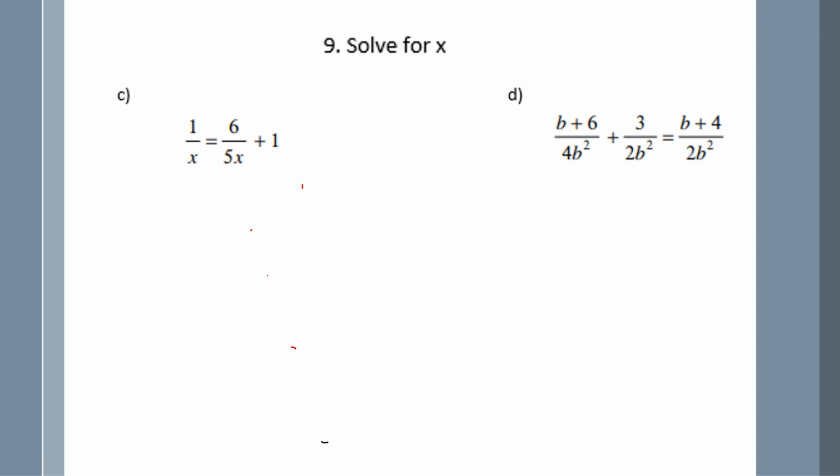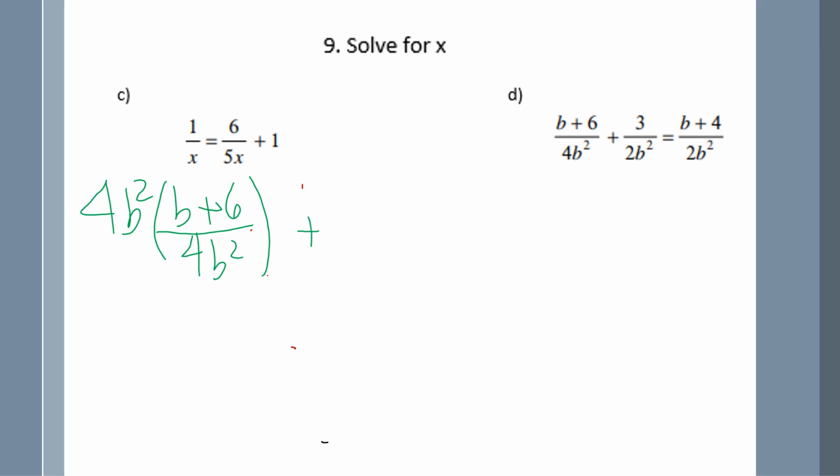So let's go ahead and do it. So 4b squared, b plus 6 over 4b squared. And I have my way of doing this so you guys could see what's going on.